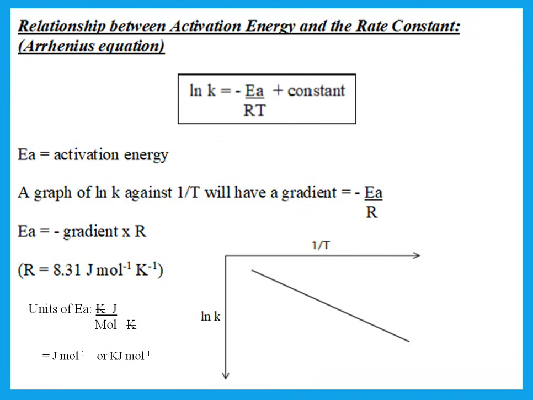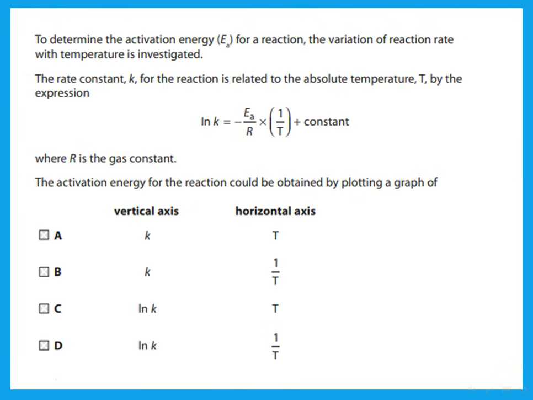Now, what are the units of EA? The units of EA are either joule per mole or kilojoule per mole. So, to determine activation energy, the variation of reaction rate with temperature is investigated. He gives you this equation, and he says the activation energy could be obtained by plotting a graph of what?